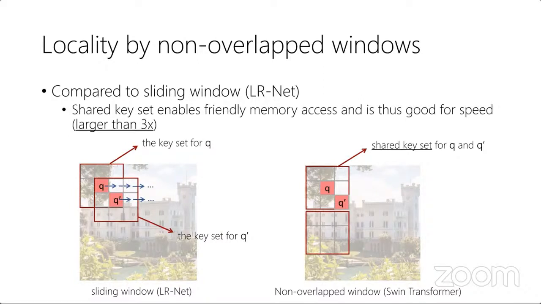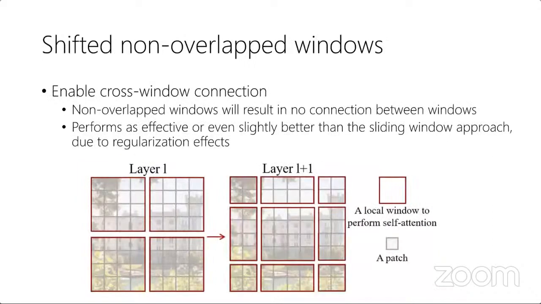The right figure shows our non-overlapping windows. Different queries within the same window share the same key set, and it is 3 times faster in real speed. Another important feature is that we enable cross-window connection by shifting window partitioning in successive attention layers. This makes this approach as effective as the sliding window methods, or even better due to regularization effects.